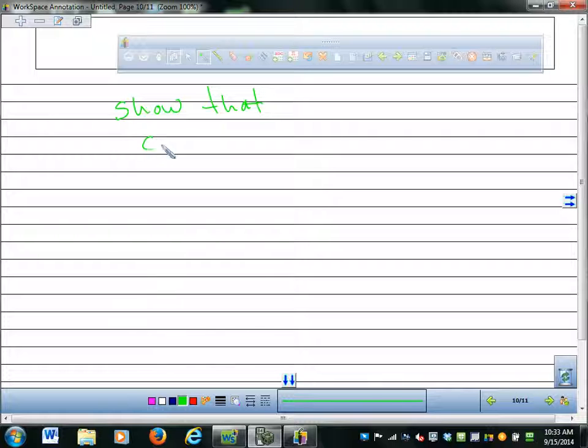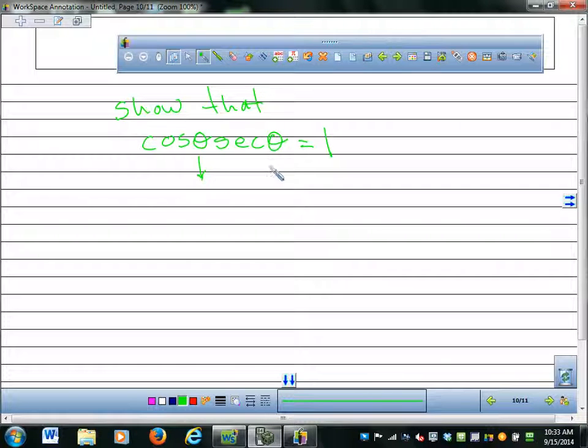Use identities to show that cosine of theta times secant of theta equals 1. So don't show it by plugging in a number like 15 or something like that. I mean, you could do that, and it would equal 1. Like I could show you, say I plugged in 30 degrees in here.